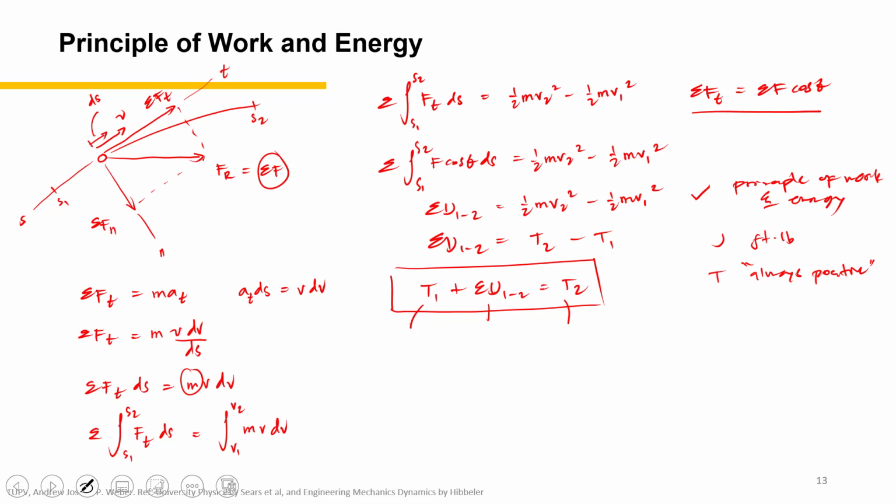So is there any situation in which this equation does not apply, or what is the limitation of this equation? The answer to that question is it does not apply to any body in motion which loses or increases its mass.